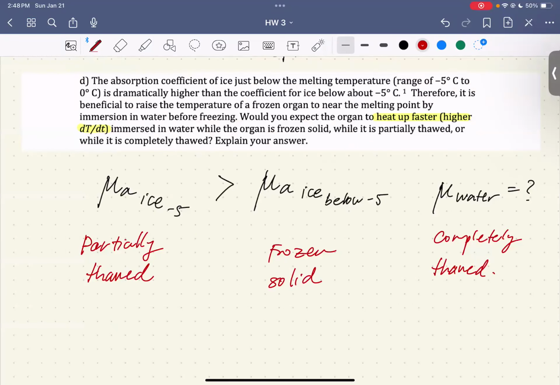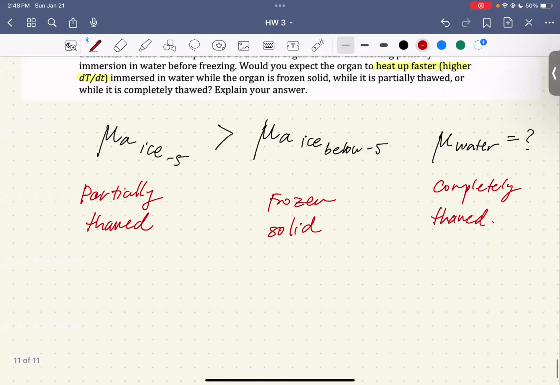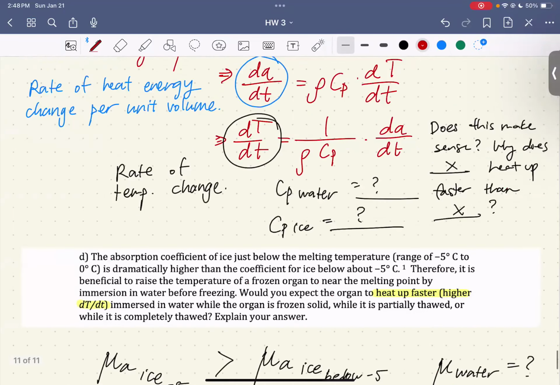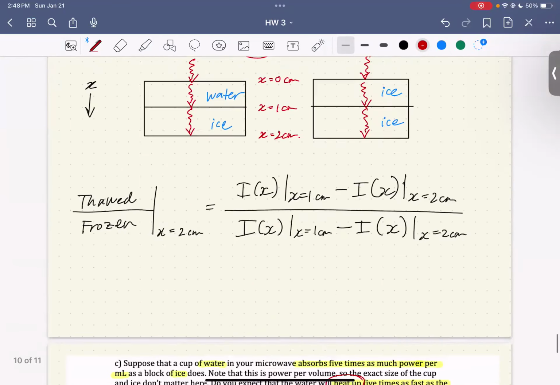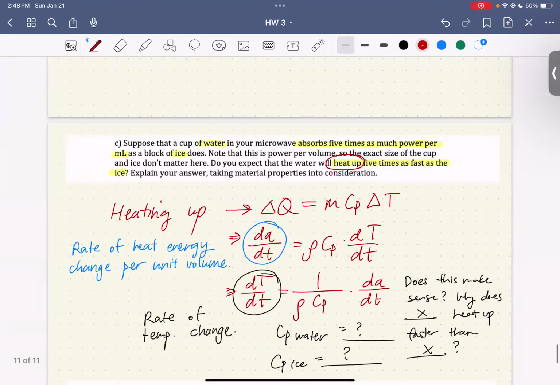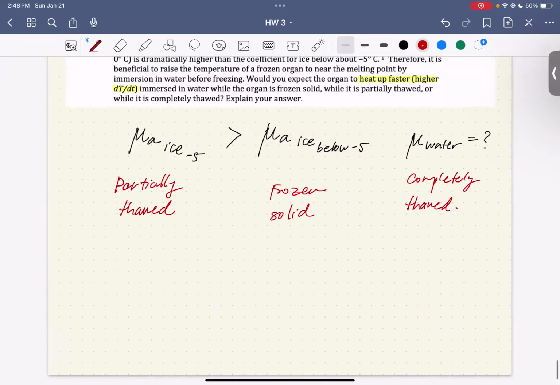And then use that same reasoning to understand what it is talking about when it heats up faster. It's not going to be exactly the same rationales here. Try to use some of these properties that we talked about up here. We want to see an explanation about that mu of A.